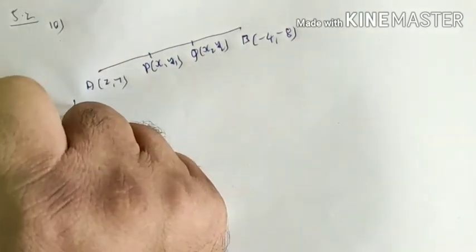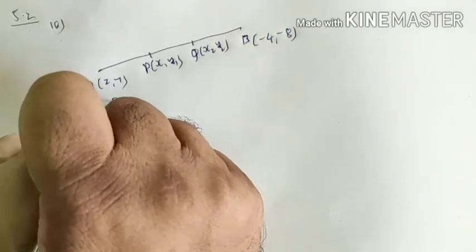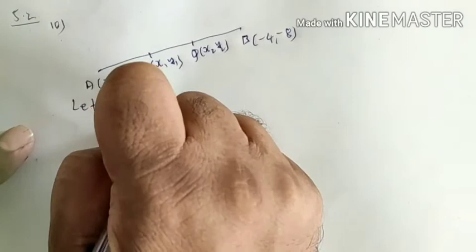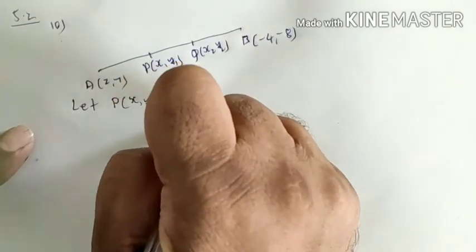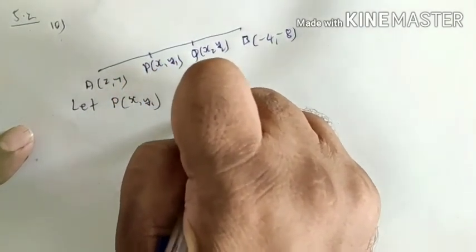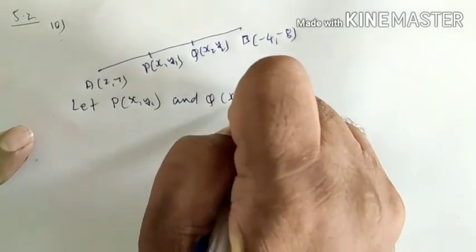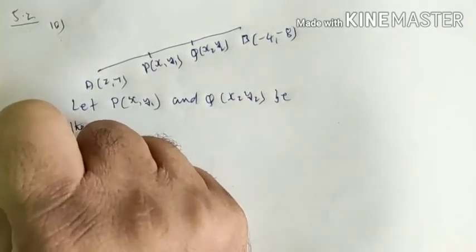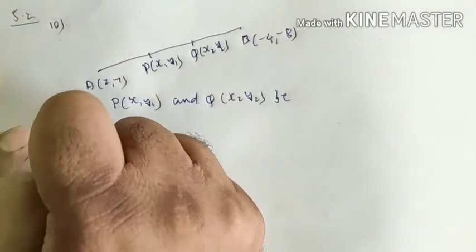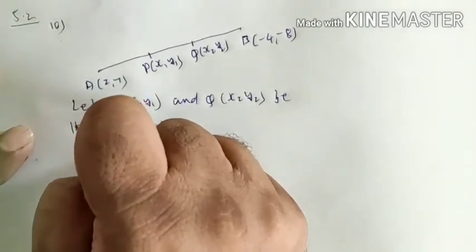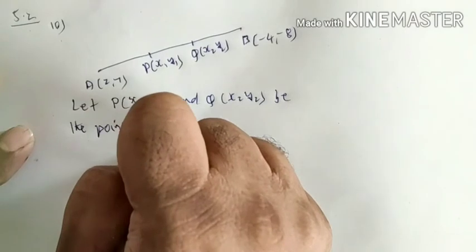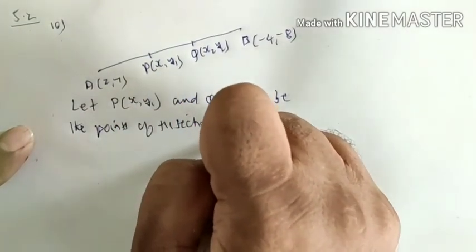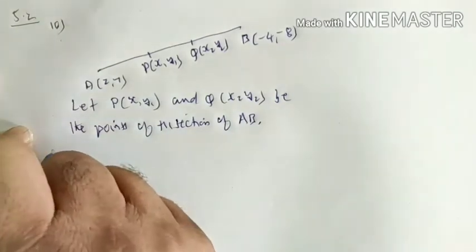Let P(x1, y1) and Q(x2, y2) be the points of trisection of segment AB.